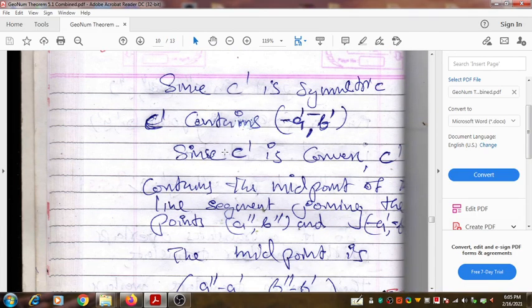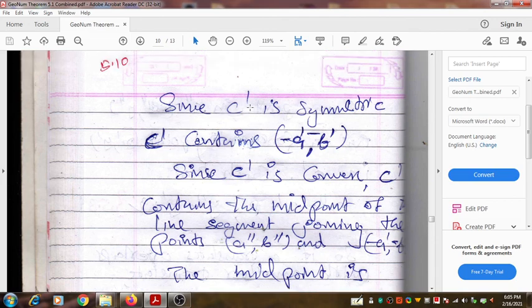Since C prime is symmetric, now at this point we use the symmetry property of C prime. Since the set C prime is symmetric, it must also contain another point, the negative of the point a prime, b prime.